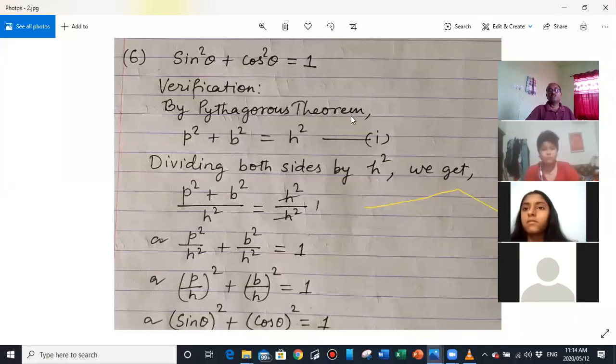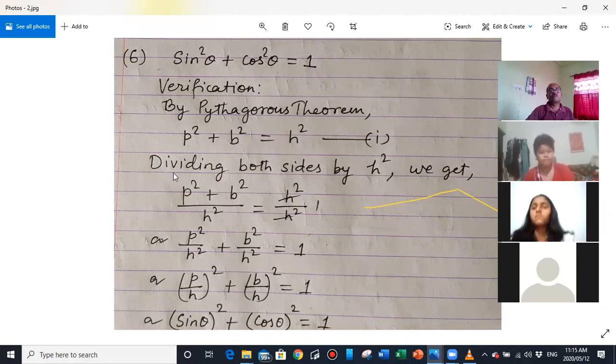In Pythagoras theorem, what we learned yesterday, p square plus b square equals h square. H is hypotenuse, p is perpendicular, b is base.